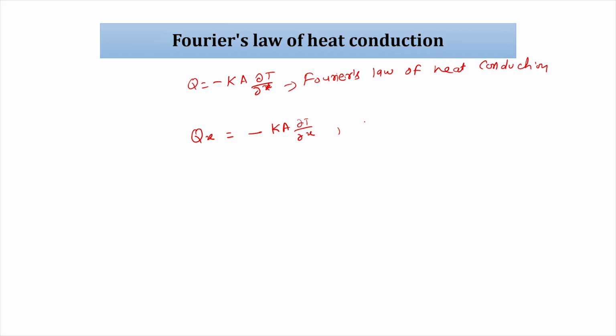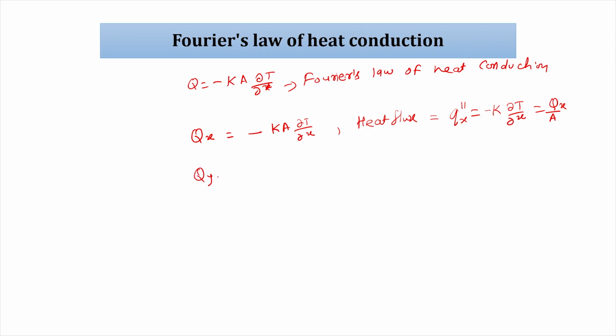Similarly, heat flux, q double dash, means Q divided by area. So minus K del T by del x equals Qx by A, in the x direction.